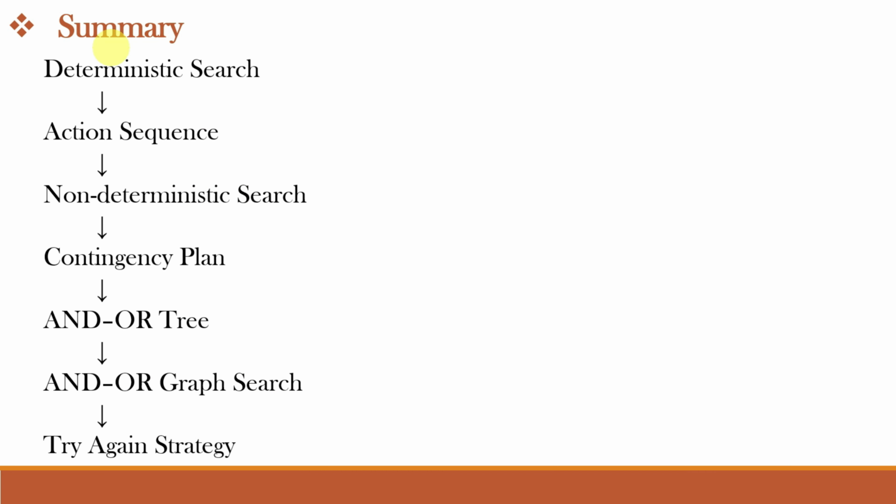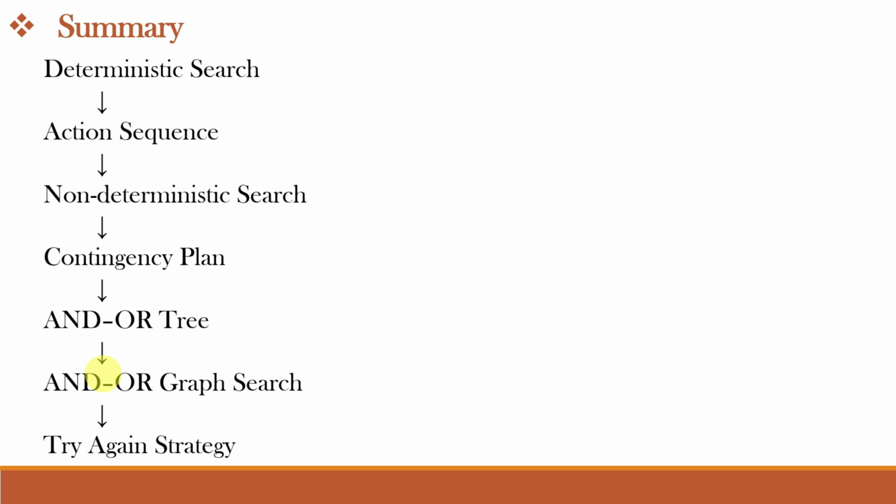So in this video class, we studied that deterministic search assumes every action has a single predictable outcome. When actions become uncertain, we must use the contingency plans instead of fixed action sequences. We introduced the erratic vacuum world to illustrate non-deterministic actions and learned how AND-OR trees model both agent choices and environment outcomes.